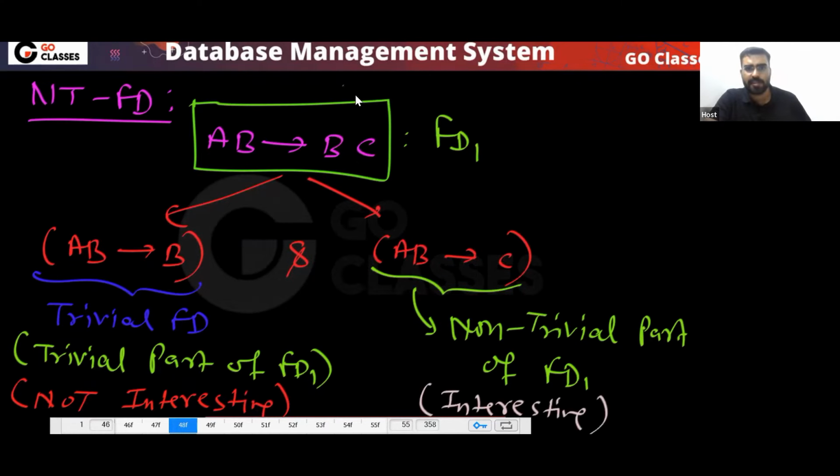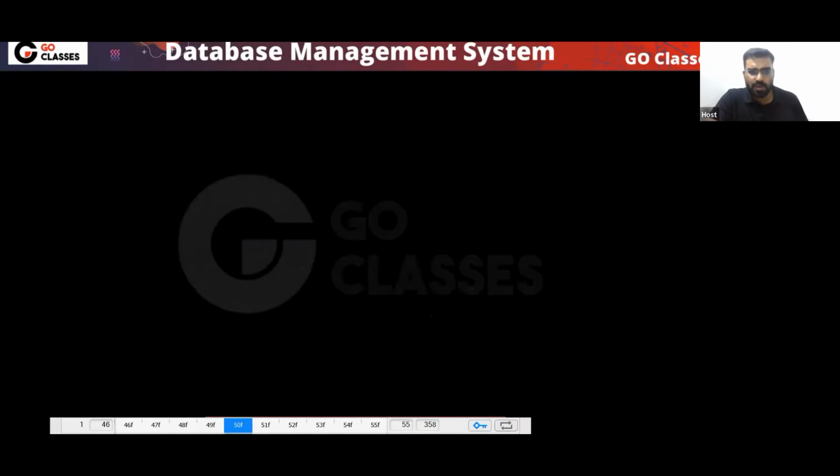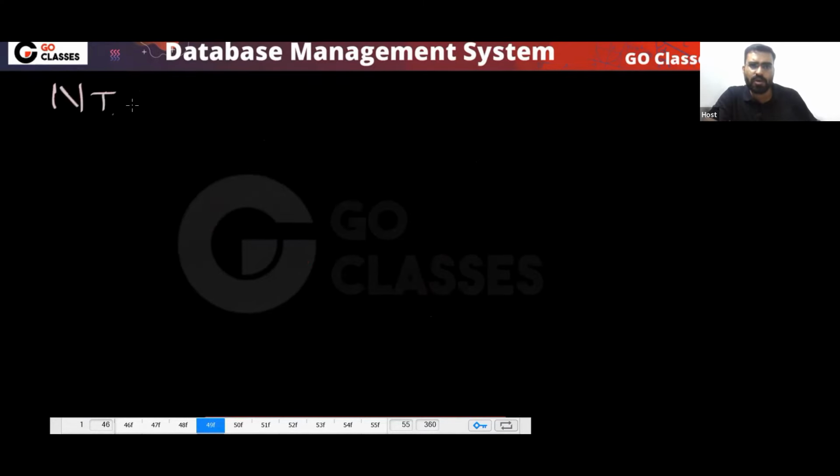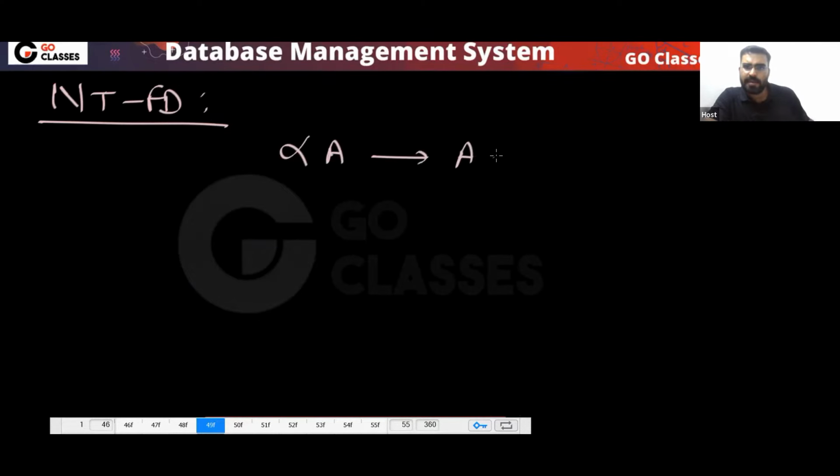So whenever you have this type of situation in any non-trivial functional dependency, like for example, alpha A determines A beta, then tell me which is interesting here.